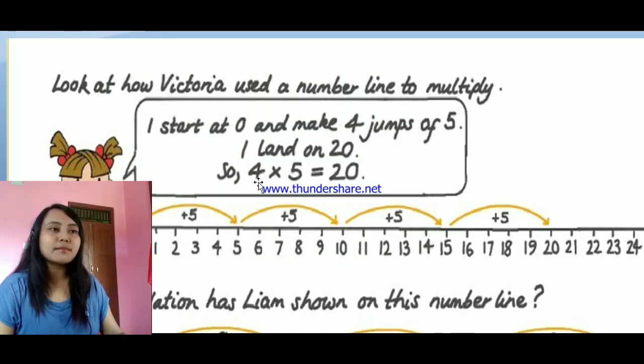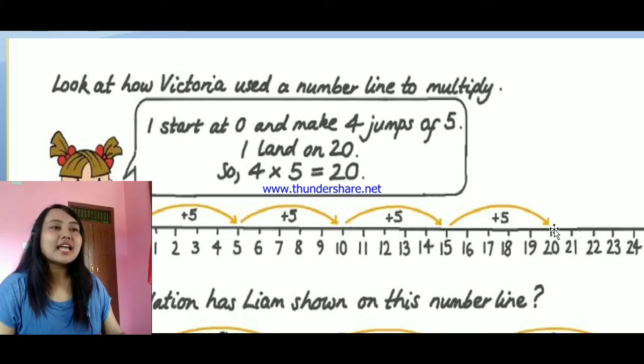So starting from 0, 1, 2, 3, 4, 5. I took 5 steps and I took 1 jump directly to the 5. Again I take 5 steps and directly jump to 10. Again directly to 15. And finally directly to 20.